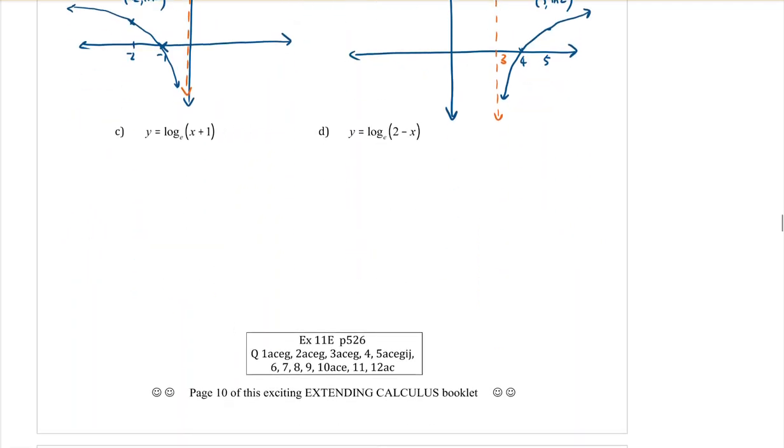Part C, log base e of x plus 1. So the x plus 1 is going to move my asymptote to the left 1 spot, so to -1. So asymptote, it's at -1, so vertical asymptote x equals -1.